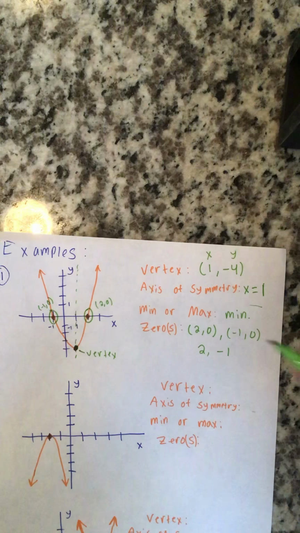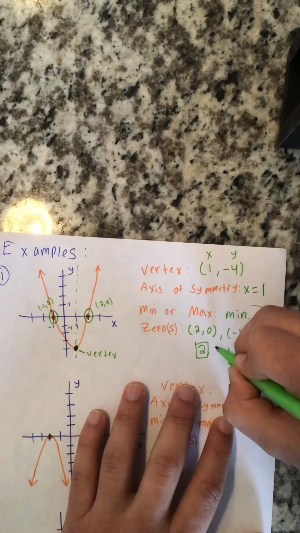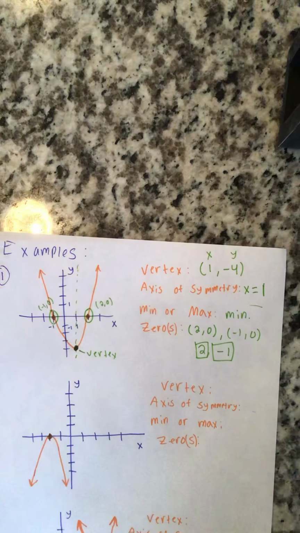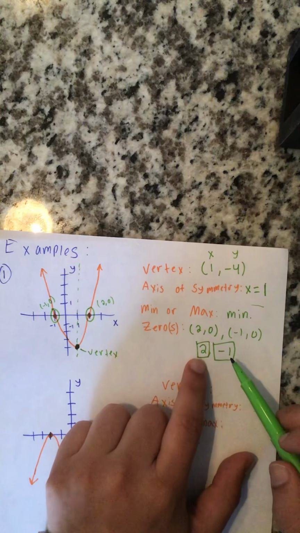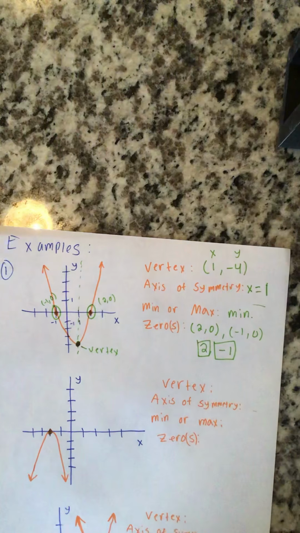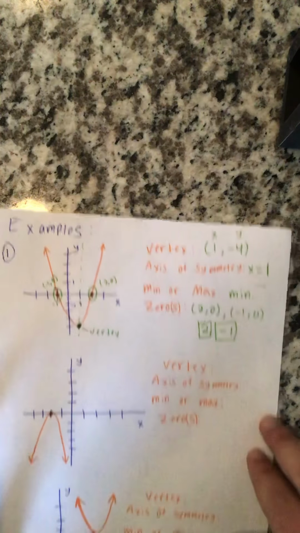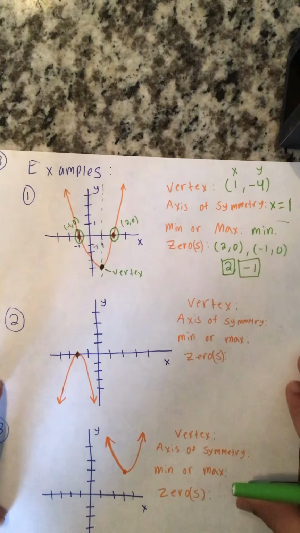Just know that each of these is an answer. You have 2 zeros here, so you need to have 2 answers, 2 solutions, okay? Remember that. Okay, first example is done. That's it. Let's go to number 2. All right, number 2.